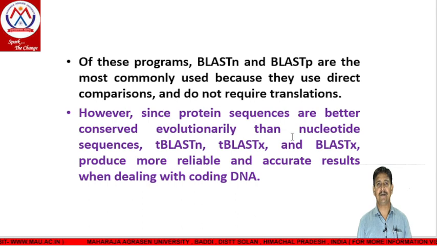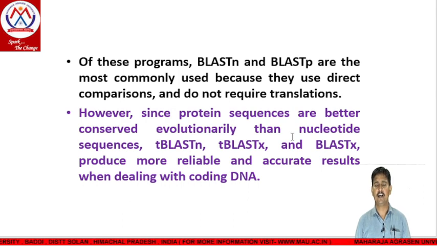Of these programs, BLAST-N and BLAST-P are the most commonly used because they use direct comparison and do not require translation. However, since protein sequences are better conserved evolutionarily than nucleotide sequences, T-BLAST-N, T-BLAST-X and BLAST-X produce more reliable and accurate results when dealing with coding DNA.